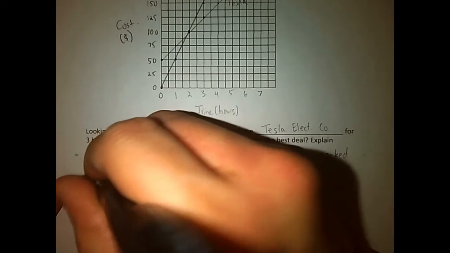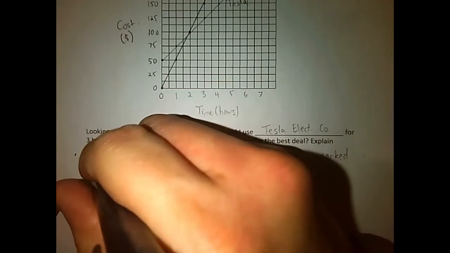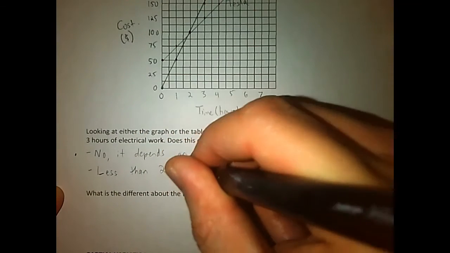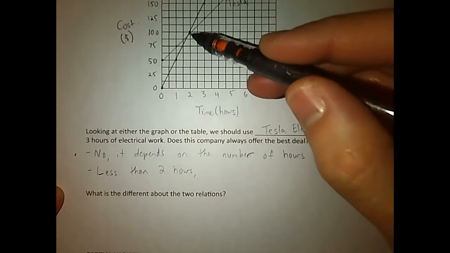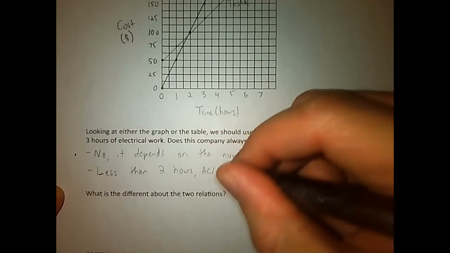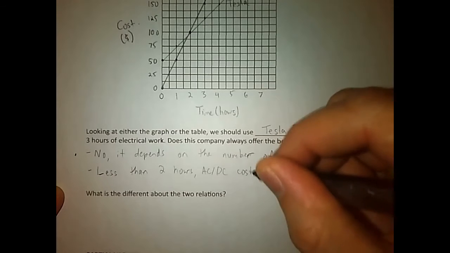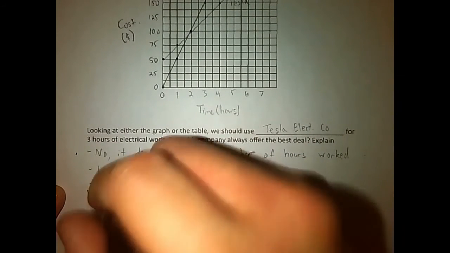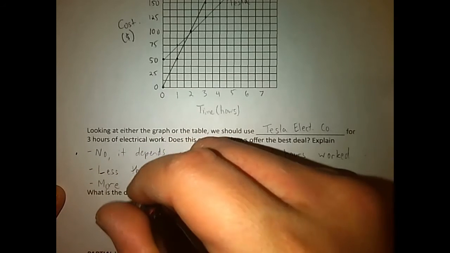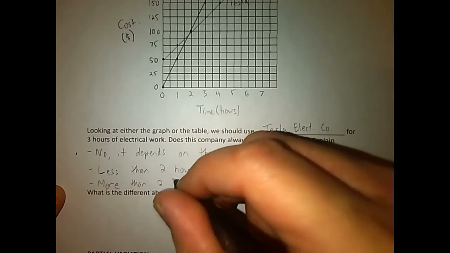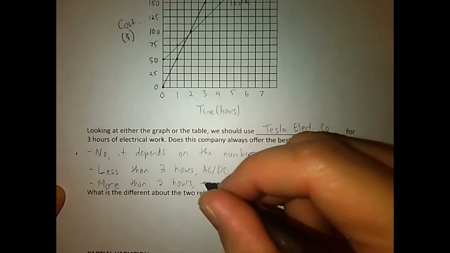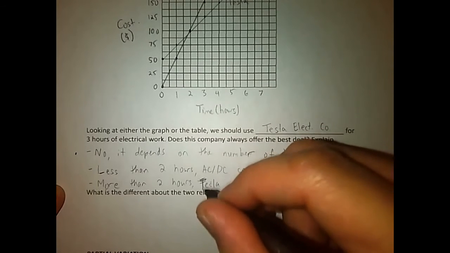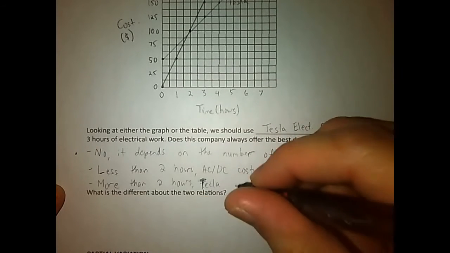If it's less than 2 hours, we saw that less than 2 hours, AC/DC costs less, and then for more than 2 hours, Tesla, sorry, this is capital T. I did a lowercase, I tried to fix it. Tesla costs less.